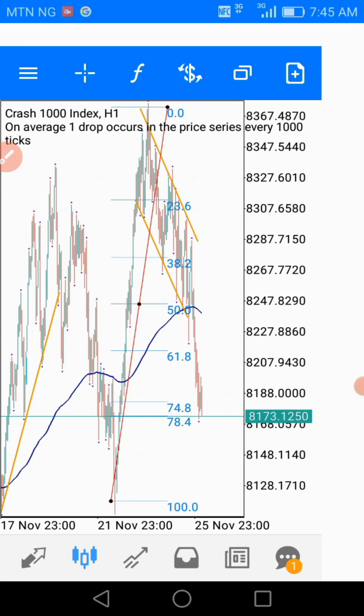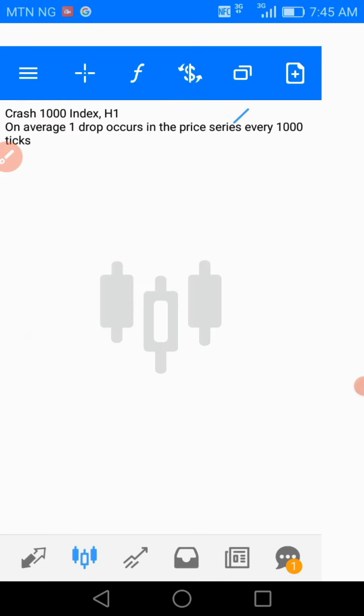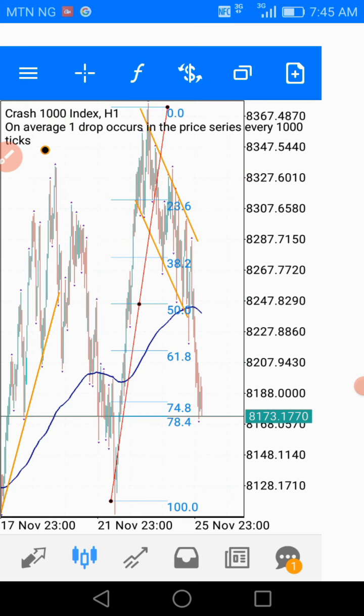Now you can bring in your trend lines. Let's make further analysis here. Now look at what is happening here.